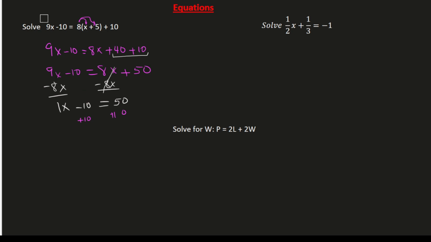And once we add 10 on both sides, we get 10 here, plus 10. And we do the operation, and minus 10 plus 10, this is 0, but we get that 1x over here, but 1x is x, the coefficient 1 is invisible, and we add 50 to 10, and this is equal to 60.